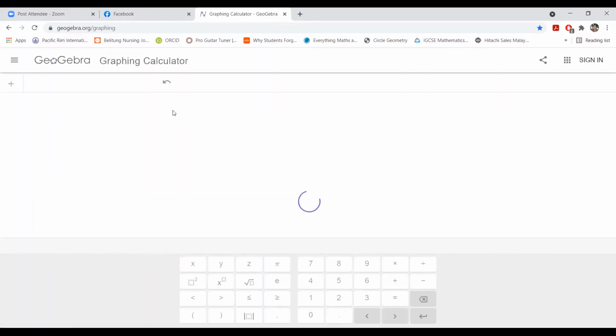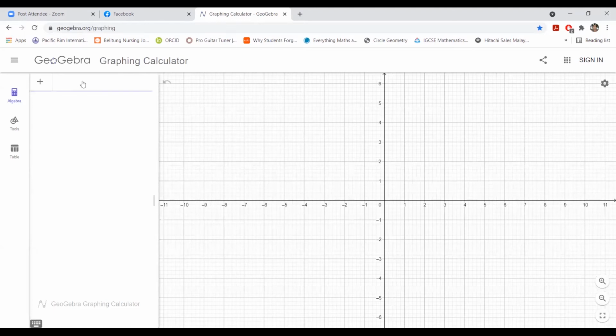Okay, so I'll make a new equation. So y, let's do it again. Y equals 2x plus 3, oops, 2x plus 3. So you've got another straight line, okay? So this is your function, f x.